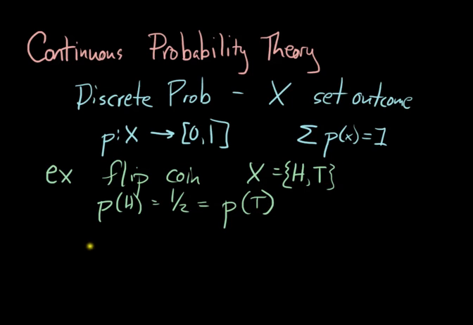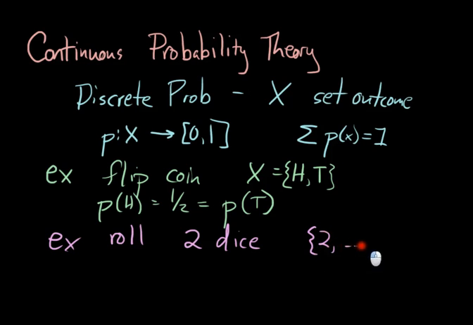Another example, if you roll 2 dice, well, this is a little different than the last one because you can get anything from a 2 up to a 12, but the probabilities are not all the same. The only way to get a 2 is if you roll 1, 1, so the probability is 1 in 36.